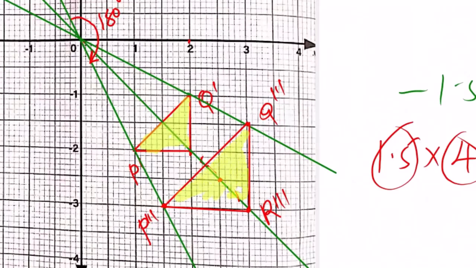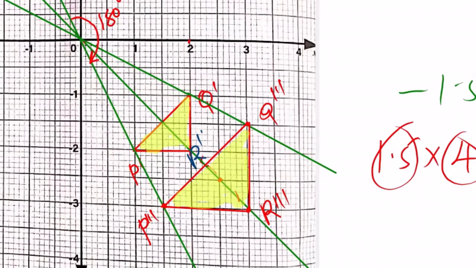So those two I've shaded. Which transformation would map this triangle to this? When you just look at P prime, Q prime, R prime, and then you look at P triple prime, Q triple prime, R triple prime, you notice that it is an enlargement. The triangle has been enlarged.